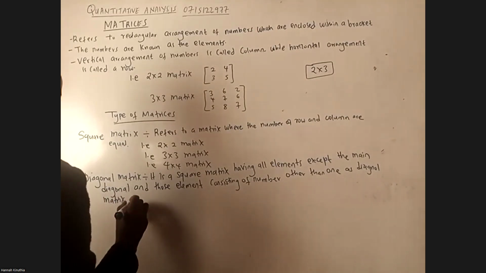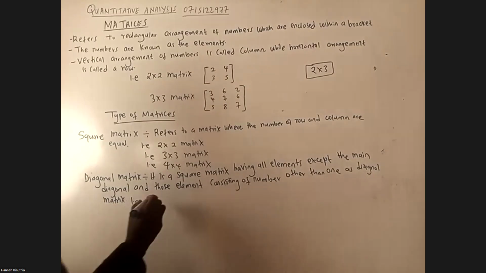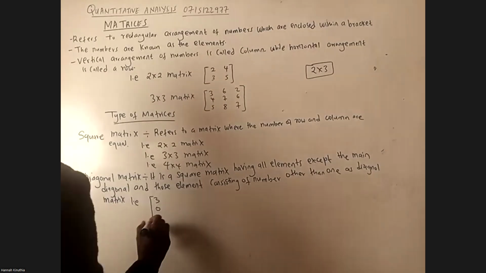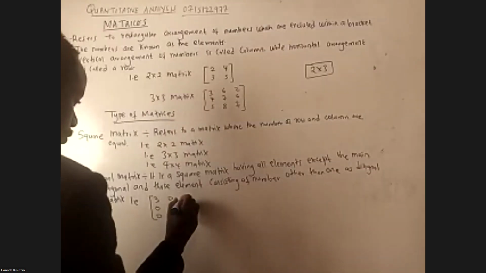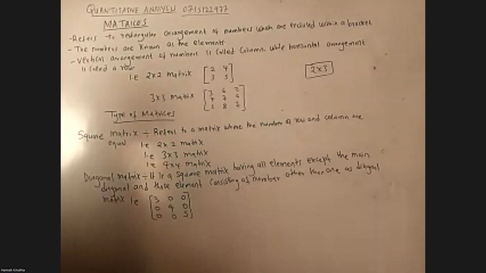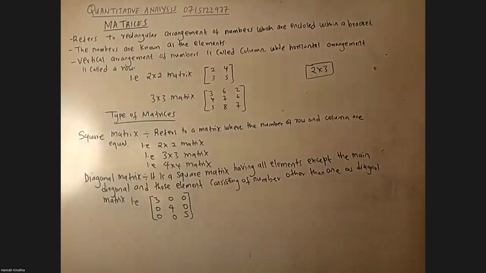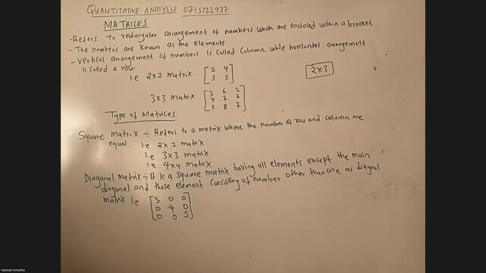Let's give an example: 3, 0, 0, 0, 4, 0, 0, 0, 5. Now, our main elements here are 3, 4, and 5.